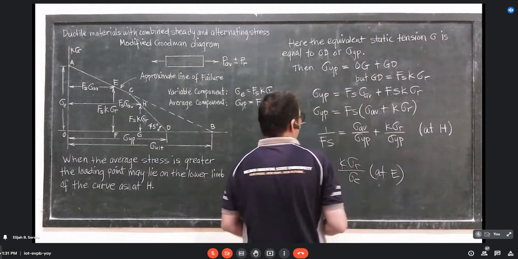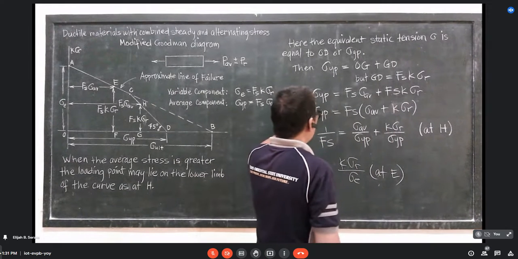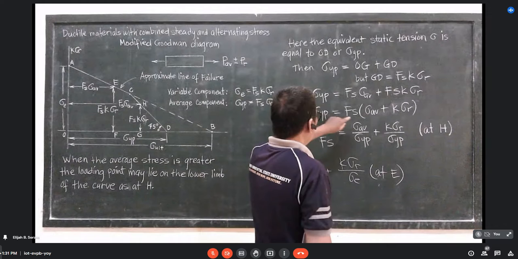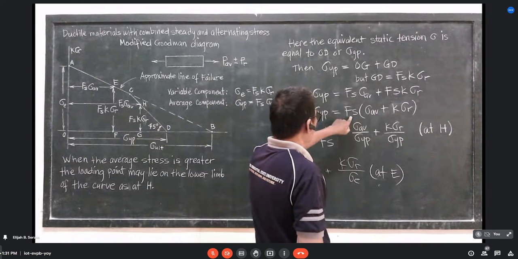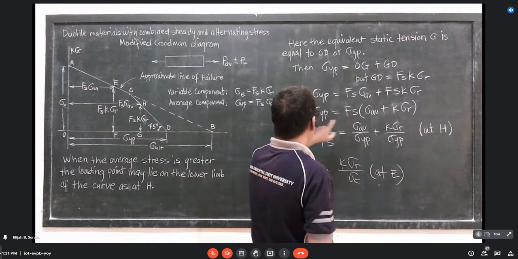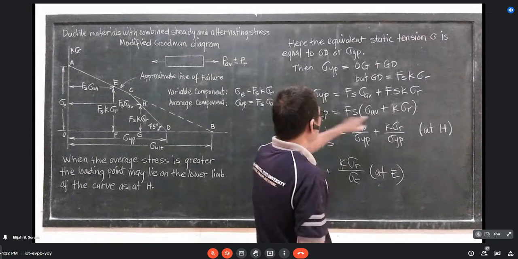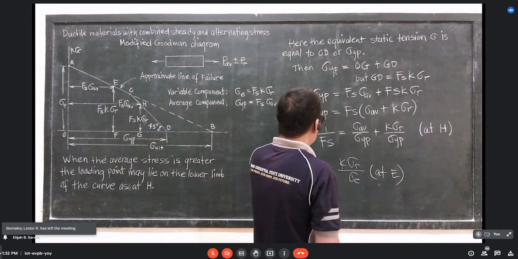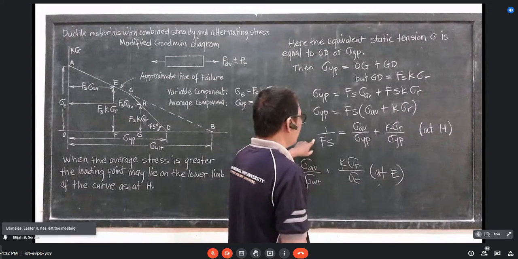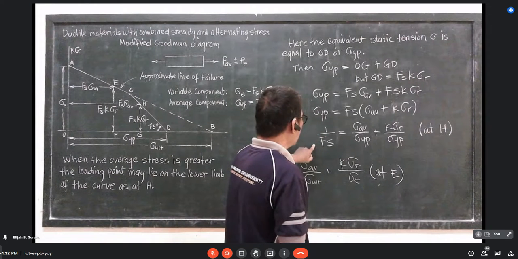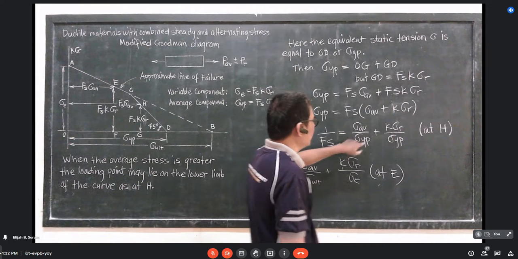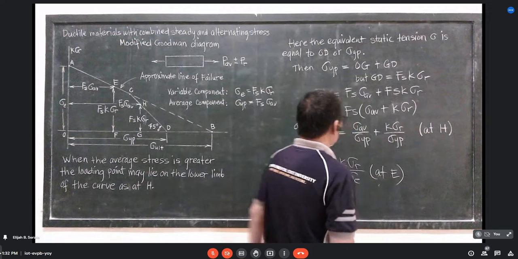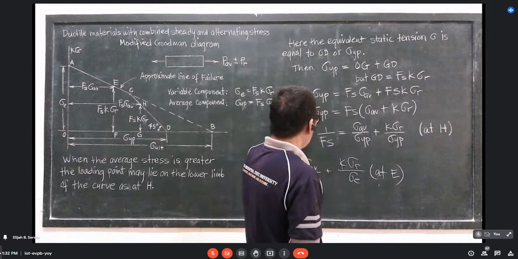But you will notice that I tried to rearrange this so that I can cross multiply the factor of safety and the yield point. It's the same formula. And what you will notice is this one: 1 over the factor of safety, average over yield point, K range over yield point. And this is the same formula.